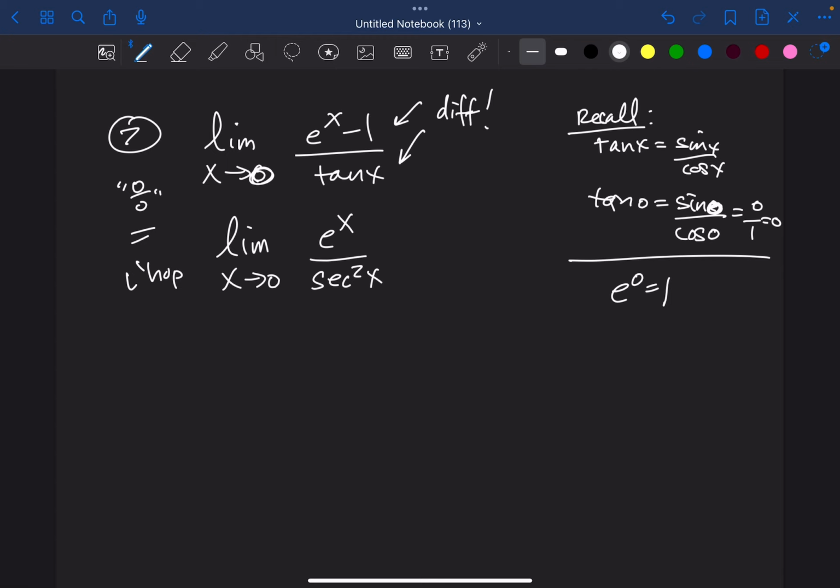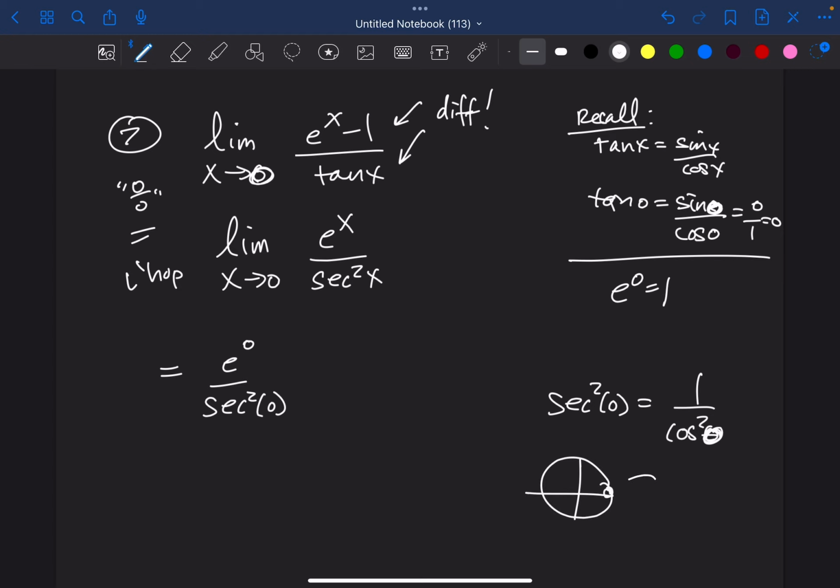And so now when I put in 0, e to the 0 is 1, and secant squared of 0 also turns out to be 1. Why? Because secant squared of 0 is 1 over cosine squared of 0, right? But cosine at 0 is just the x-coordinate on the unit circle, so it's 1. So this ends up giving us 1.